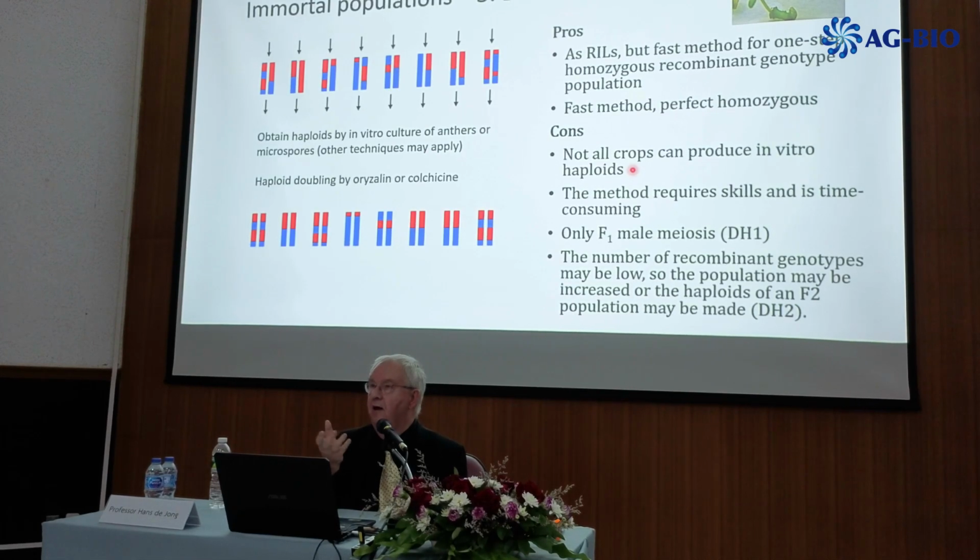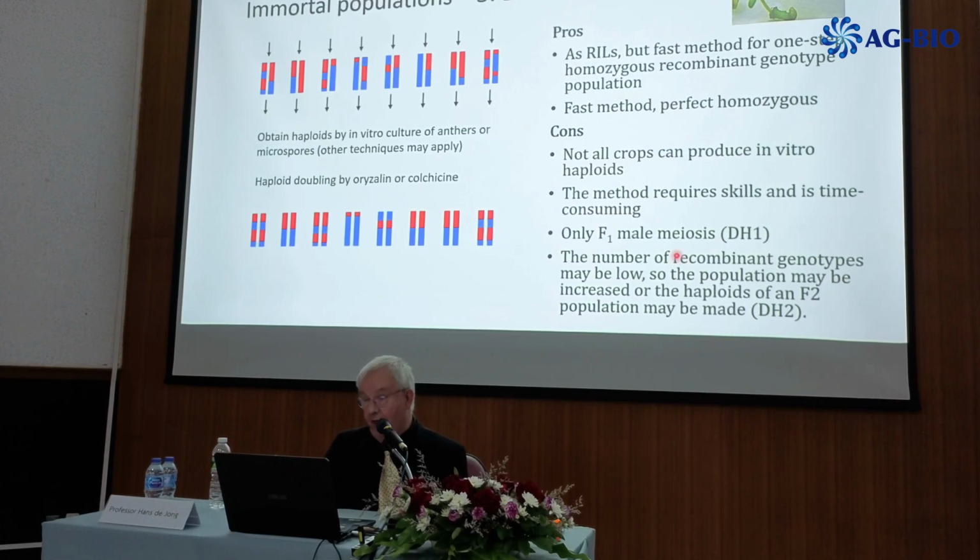It's difficult to say how you do it, but some people are luckier or more skillful at producing haploids than others. And you have only one male meiosis, which gives a limited number of crossovers.